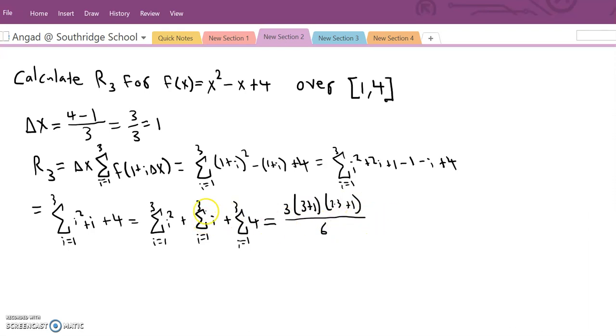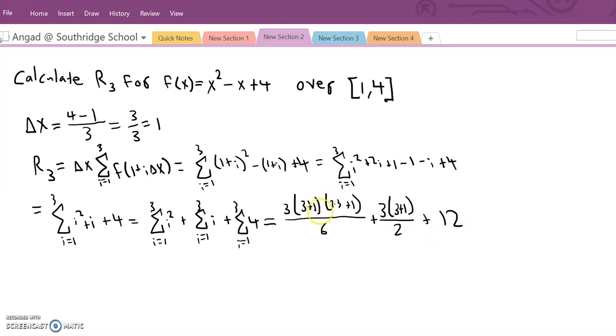And then this is another power sum with just a variable i, and that will be n times n plus 1 divided by 2. So it would be 3 times 3 plus 1 over 2, because again n is 3. And then this is a constant again, so it's plus 12, because 4 times 3 is 12.